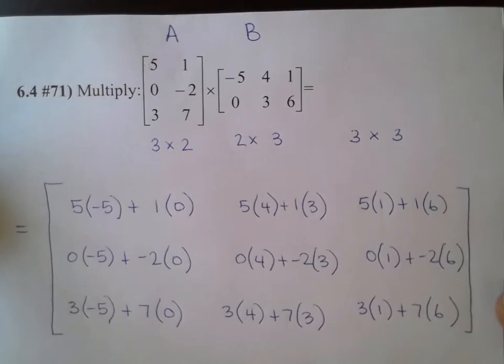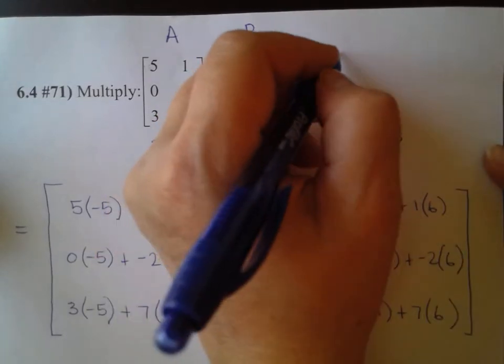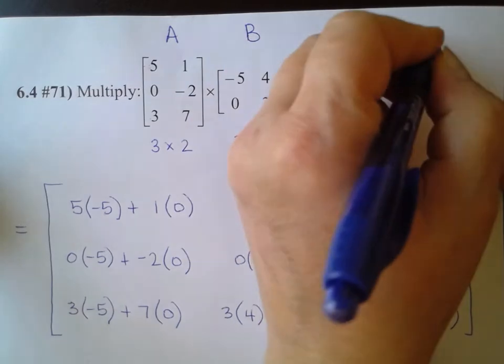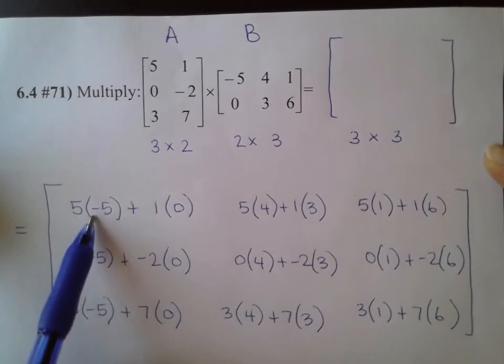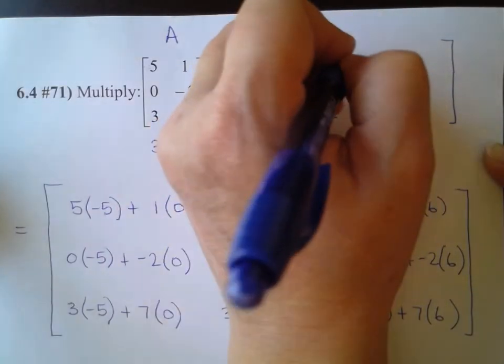Okay, just like before, I'm writing it out here to be super obvious so you can get a good handle on the process. I would eventually be doing these in my head. This would be negative 25 plus 0.